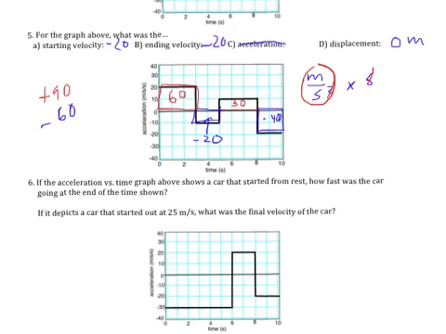The total amount of positive change is positive 90. So the difference between them is going to be positive 30. So this person is going to end up going 30 meters per second faster than they started out. And since this person started from rest, which is 0, if I add 30 to 0, I get 30 meters per second.